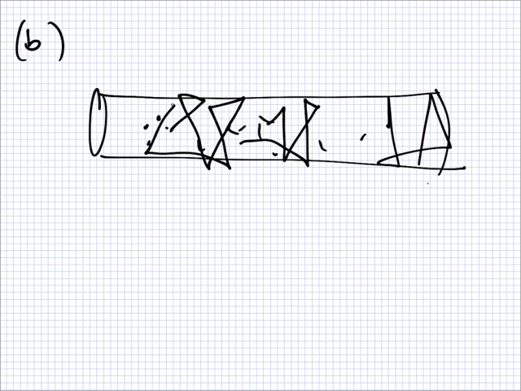But we can still use the formula to have a rough answer, okay? It's only a rough answer. It's not an exact answer like the last one. So if we were to say PV equals nRT, we have to make some estimations. We actually know what the T is. What did I say it was? 300.